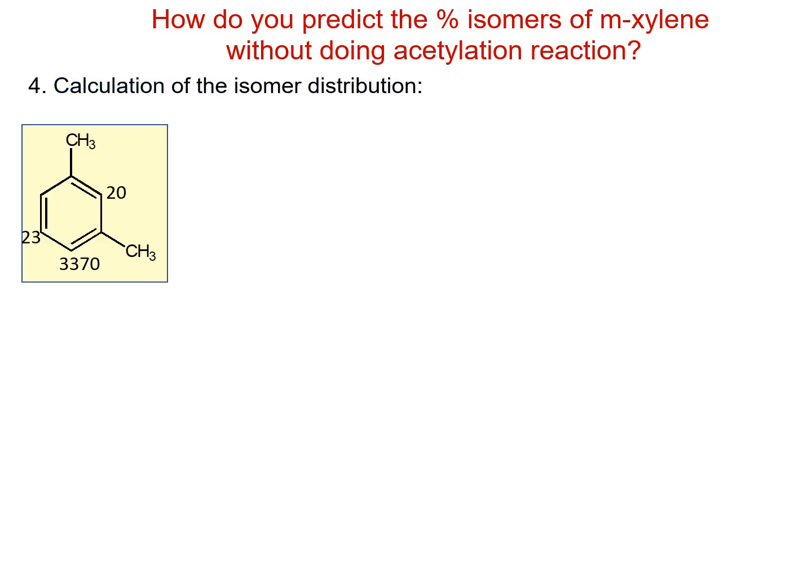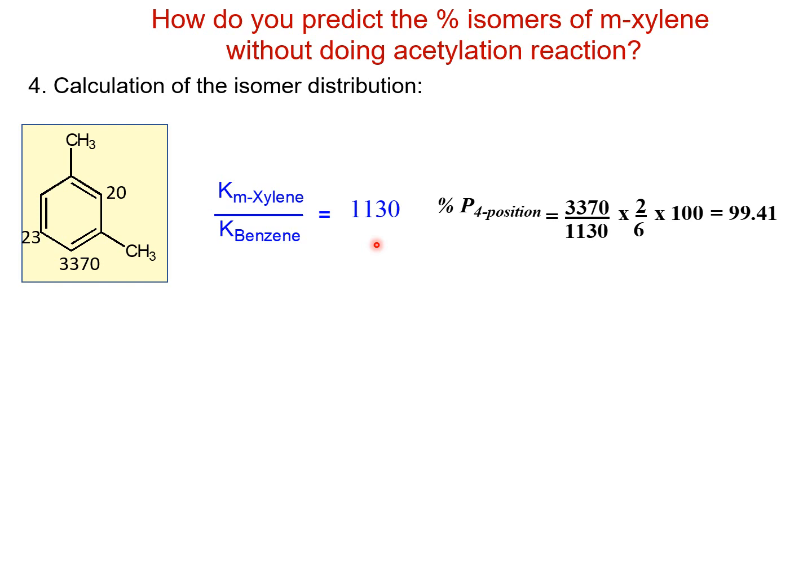Here is the last step for calculation of percent isomer of metaxylene in acetylation reaction. We already calculated the partial rate factor of each position of metaxylene. We have the theoretical rate constant of metaxylene relative to benzene, and it is 1130. To calculate the percent isomer, we require these two values along with one multiplication factor.